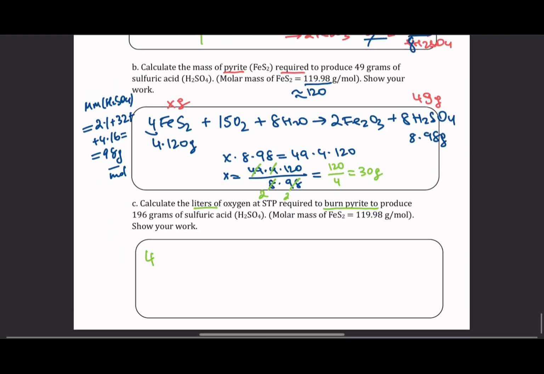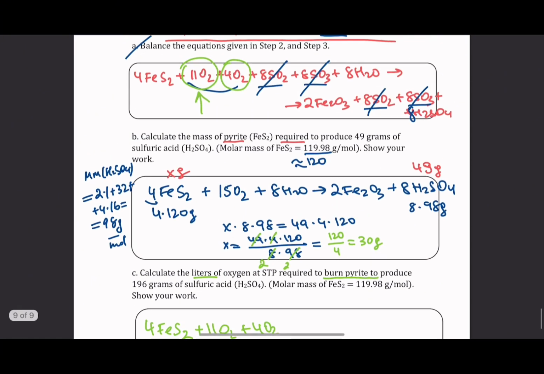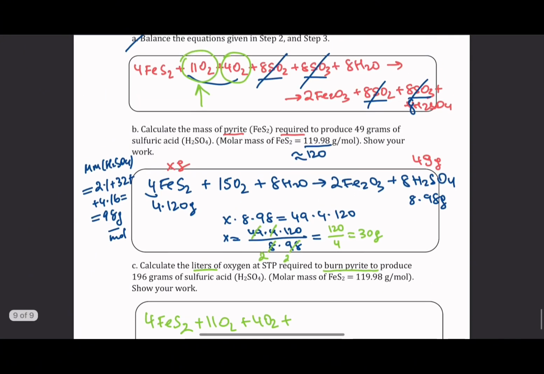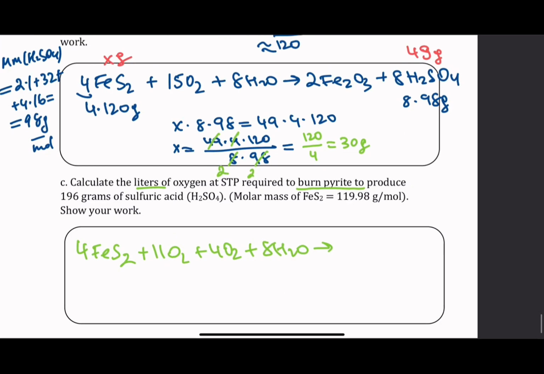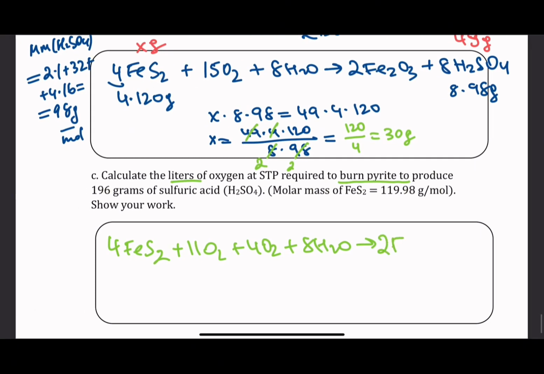So we will write that equation, the one on the top. 4 FeS2 and then 11 oxygens and 4 oxygens, and then we have in here 8 water, and then it gives us 2 of the Fe2O3, and then 8 H2SO4.